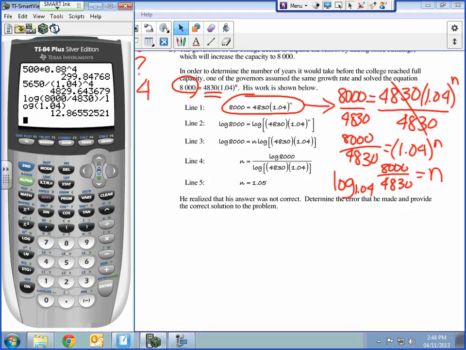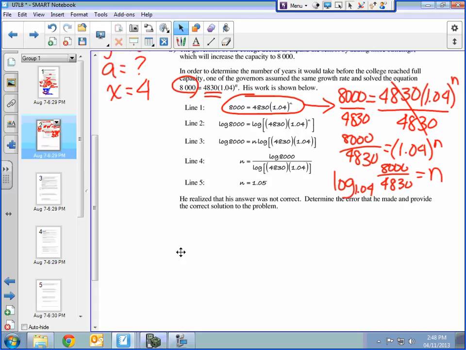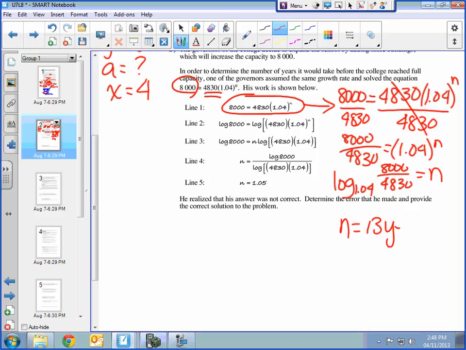Oh, yeah, that'll mess you up. So if your argument's a fraction, make sure to put that whole fraction into there. So 12.86, so let's round to the nearest number of years. Good job.